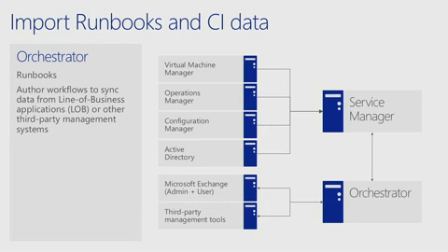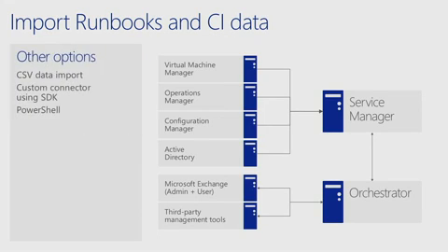And then Orchestrator is integrated in there as well to provide a more comprehensive integration with third-party tools. But Service Manager is that centralized source, that CMDB, and it's using Orchestrator and its integration there to provide some pretty compelling runbook automation. And if I've just got a simple CSV list of my printers or certain things within my infrastructure, I can import them as well.